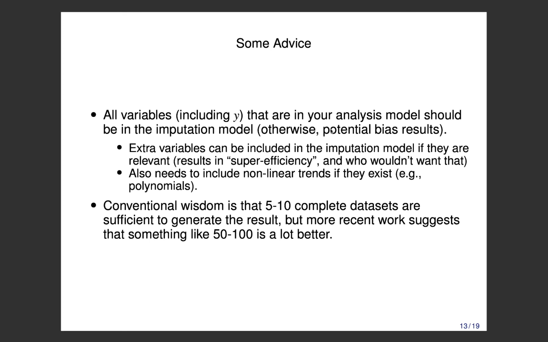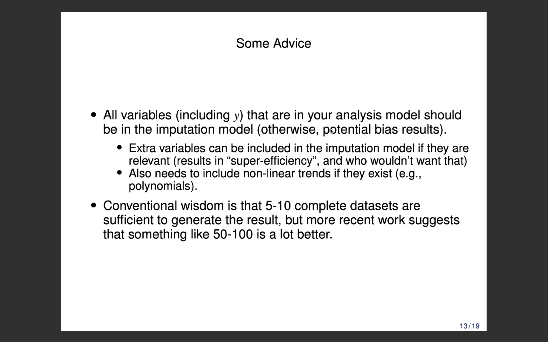Because the imputation mechanisms are built on parametric statistical models, if there are any nonlinear trends that need to be incorporated, then those have to be in the imputation model as well. So this would be things like polynomials or transformations. So if we had a variable like population, we would probably want to log it before we imputed it.